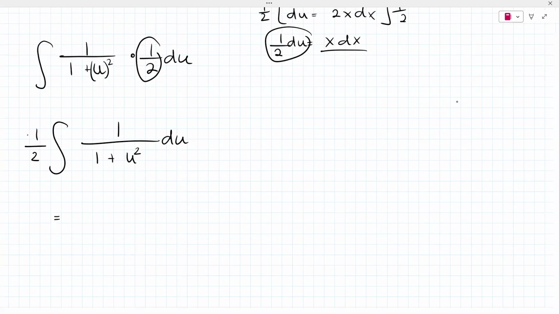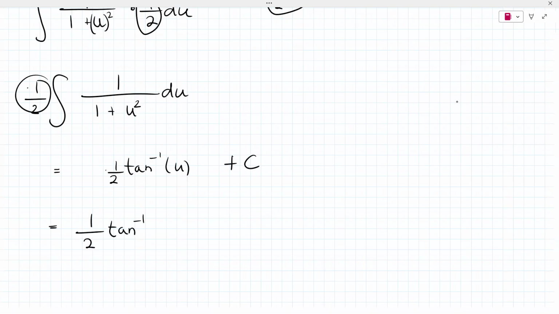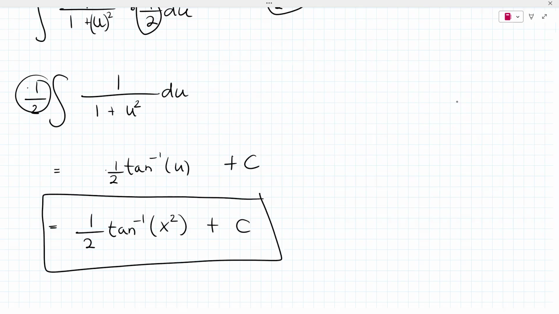So our final answer shall be 1/2 tan inverse of u, and then this is a constant of 1/2, so bring that down, and then plus c. And then lastly, replace your u with x squared. And that's your final answer.